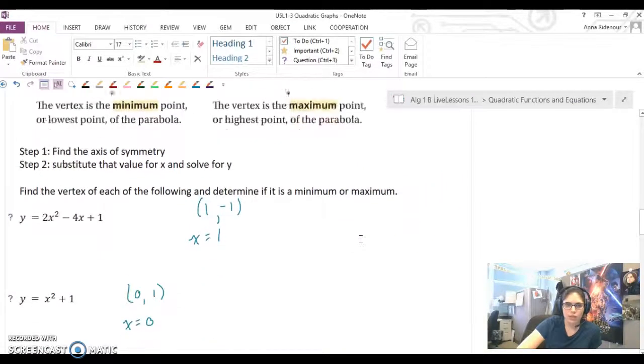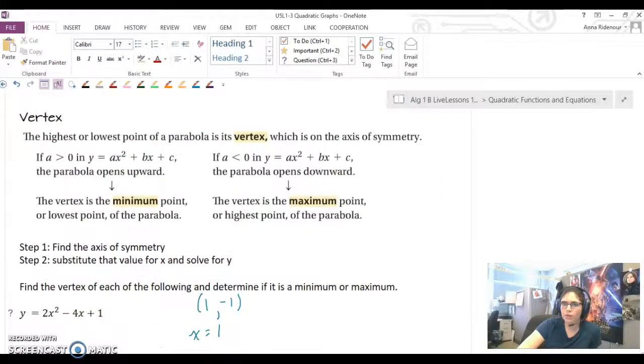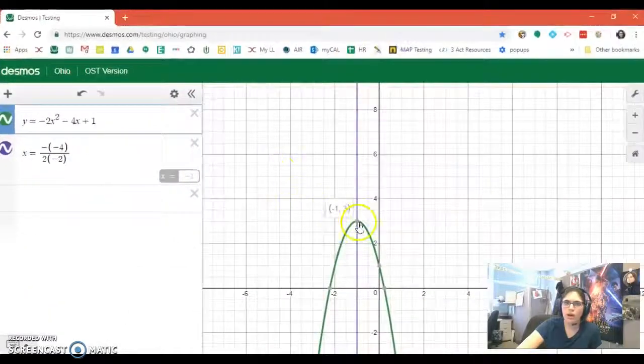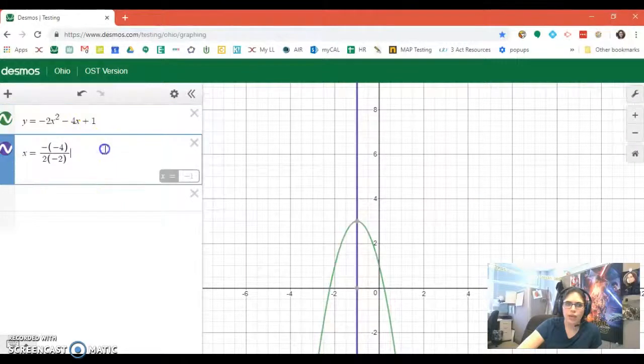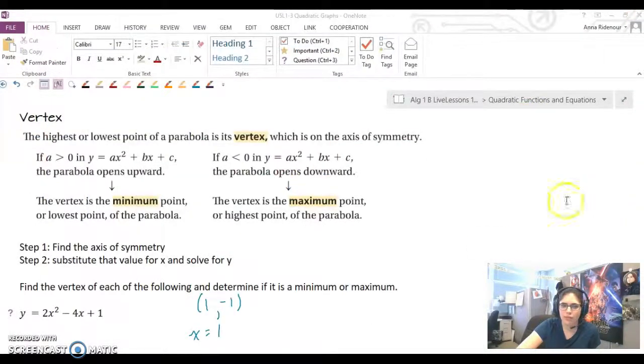So for this one, our vertex was -1, +3, and really you can just use these same steps: put it into Desmos, put in your axis of symmetry, click on where you have the intersection of the two, and that's how you can find the vertex for all of them.